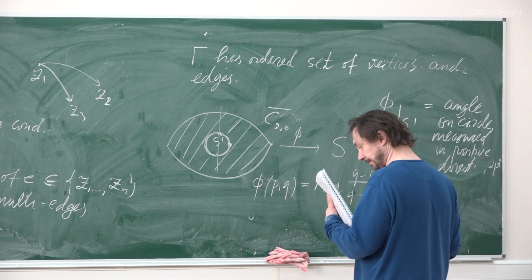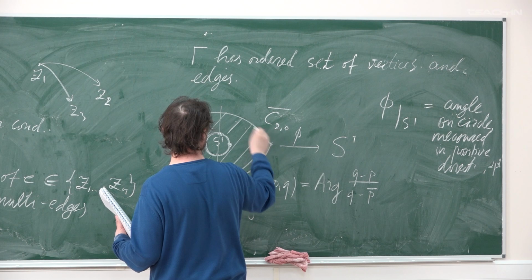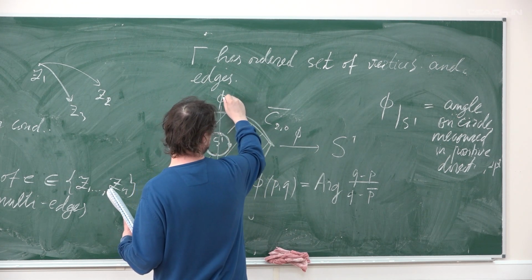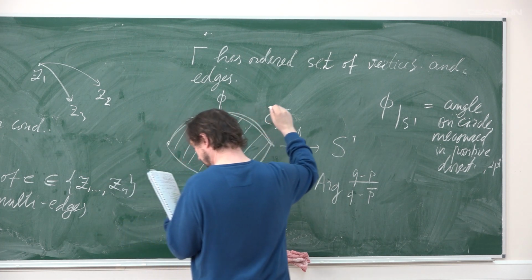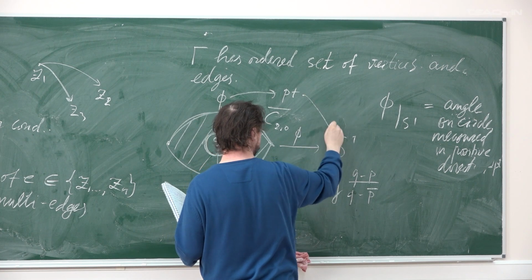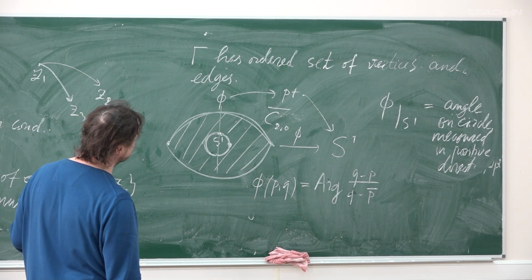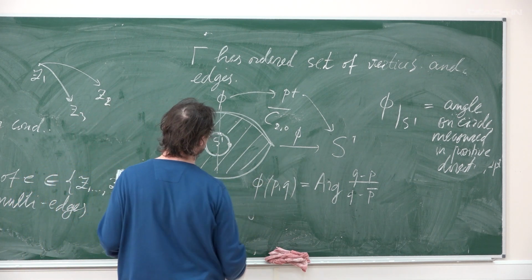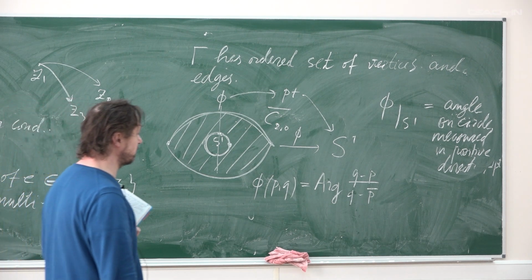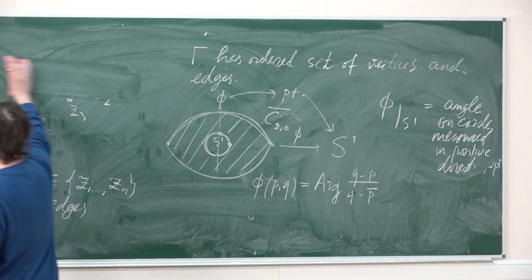And also, if you consider the image of the upper interval, then it will go to just one point inside S1. Actually, any map with these two properties will suffice. Anything which verifies these two properties is sufficient for our purposes.